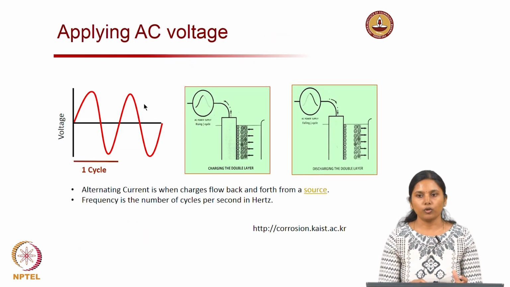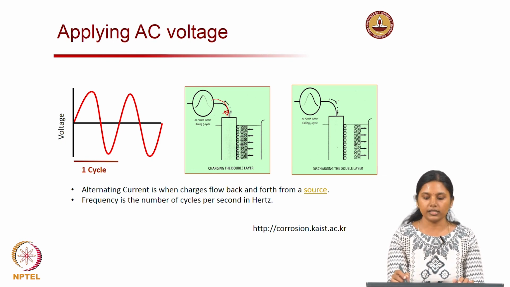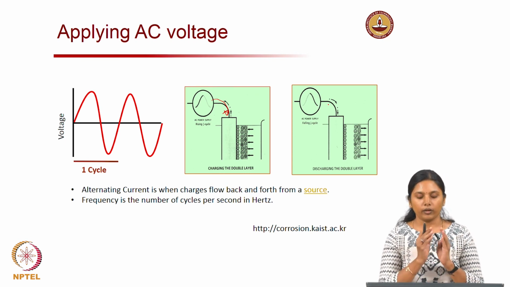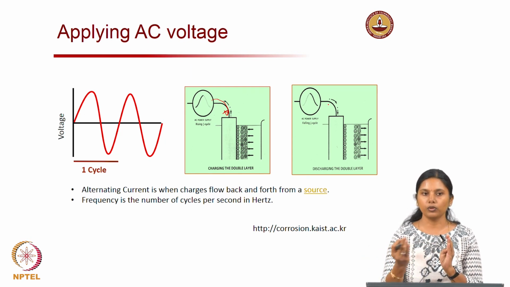In potentiostatic mode, you can either apply AC voltage or DC voltage. If you are applying AC voltage, you can see there is a charging and discharging that is happening. When charging happens, the electrode surface will have a charge and then the diffuse layer will be pulled towards it.